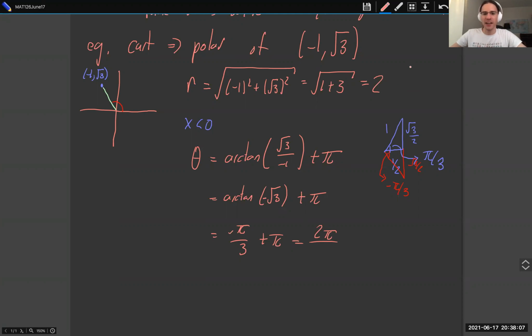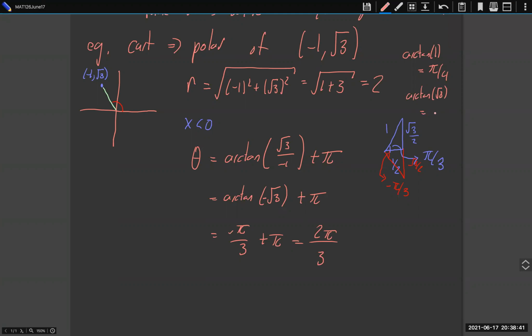So what is arctan of 1? What's the angle at which sine and cosine are equal? Pi over 4. Now, what about arctan root 3? It's the angle at which this ratio is root 3, and that's pi over 3.